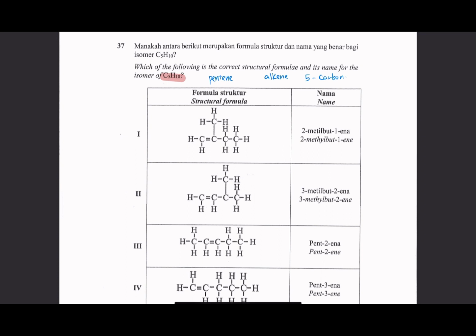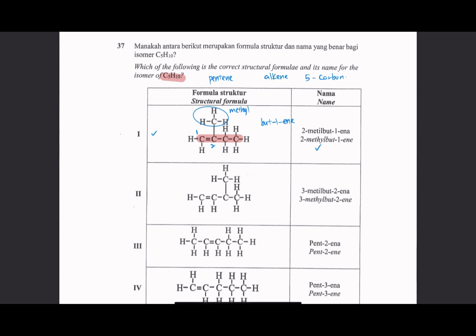We check one by one. For answer 1, the longest carbon chain is 4, so it's but-, and the double bond is in the first carbon, and there's a branch. This branch is 1 carbon, methyl, in the second carbon. So the name should be 2-methylbut-1-ene. Okay, this is correct.